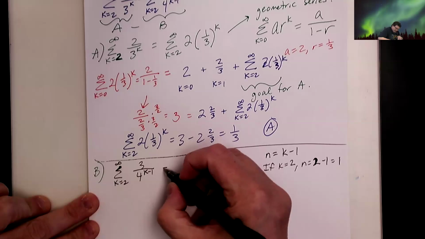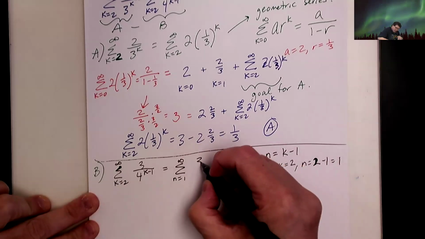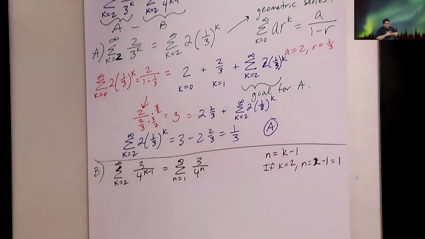And I can rewrite this sum as n equals 1 to infinity of 3/4 to the n. And now that we're past that little hiccup of that first term, this might be a little bit easier.